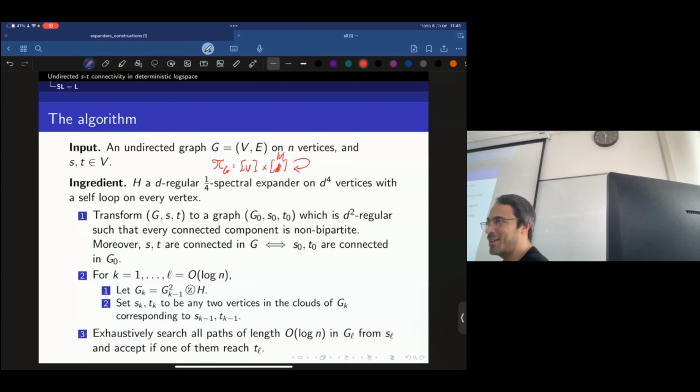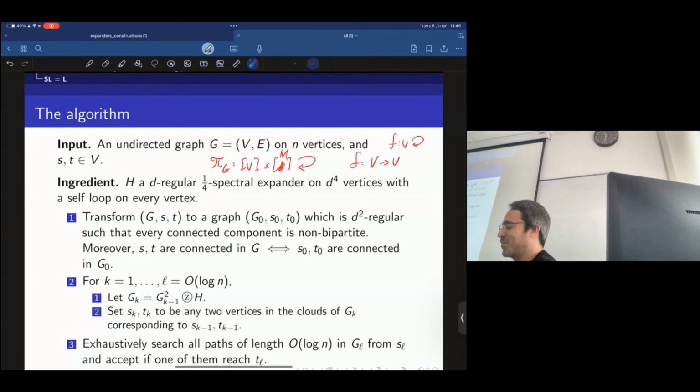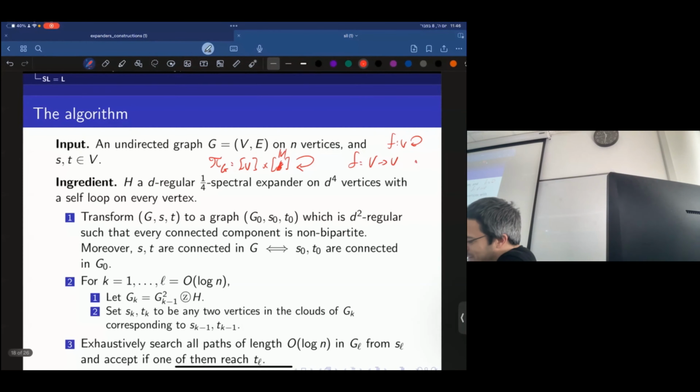If you have a function from V to V or something, I could also write V to V to save space.